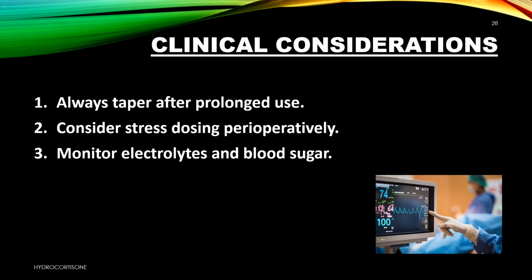Patients on long-term hydrocortisone therapy may require stress dosing perioperatively to ensure adequate glucocorticoid coverage during surgical stress. 3. Monitoring electrolytes and blood sugar. Patients receiving hydrocortisone should be monitored for changes in electrolytes and blood sugar levels, as the medication can cause fluid retention, electrolyte imbalances, and hyperglycemia.